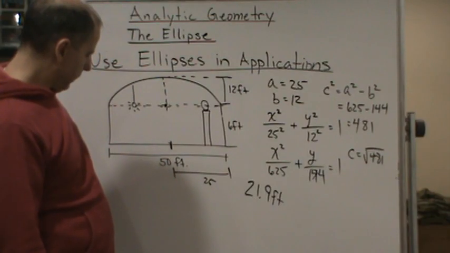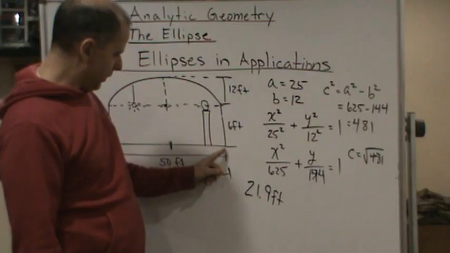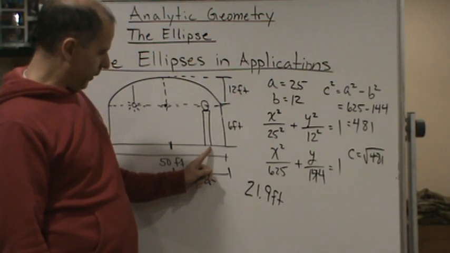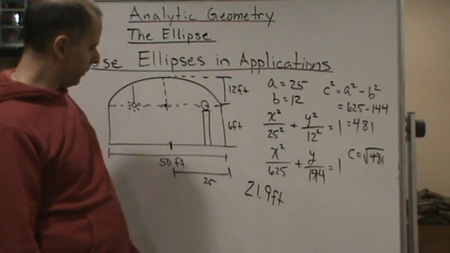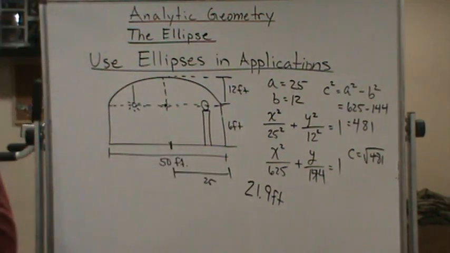Or you could also say it should be placed 3.1 feet from the wall, and then of course 6 feet up. But that's where you should have the statue placed to get the light. All right, that's it.